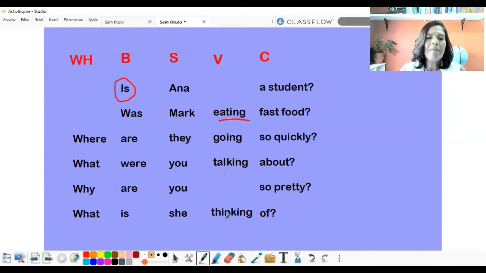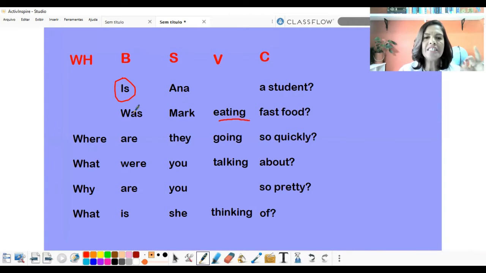You see, the main verb is in the gerund. Why? Because now we're talking about a continuous tense. Could be present continuous, right? Or past continuous.